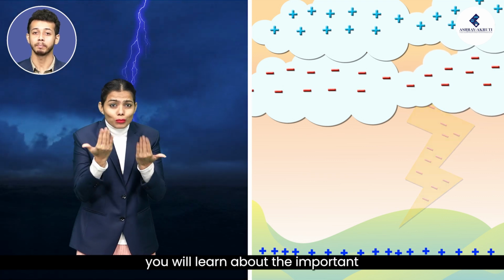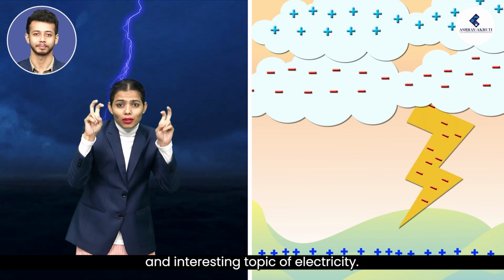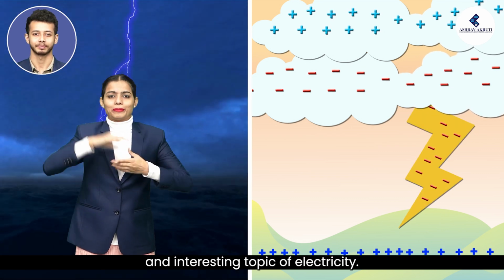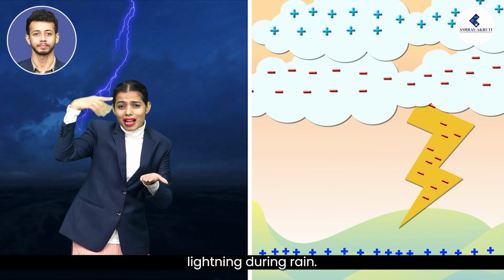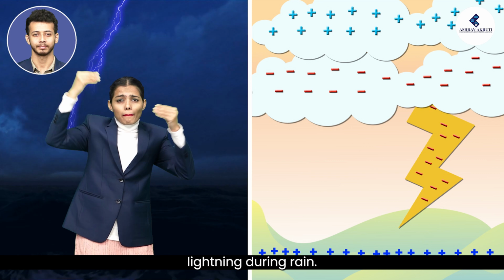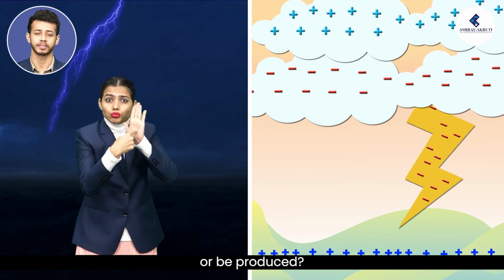In today's session, you will learn about the important and interesting topic of electricity. Children, you might have seen lightning during rain. How does lightning appear or get produced?